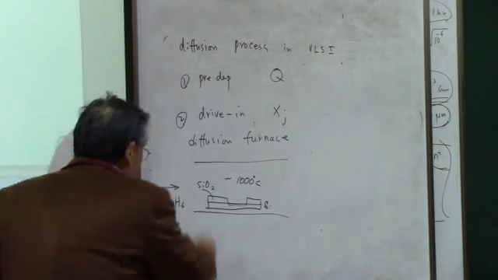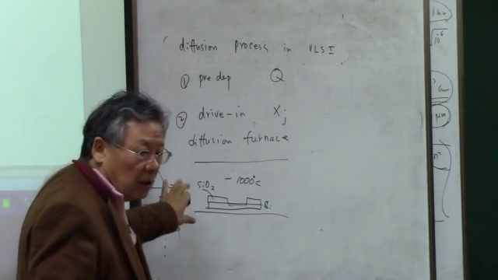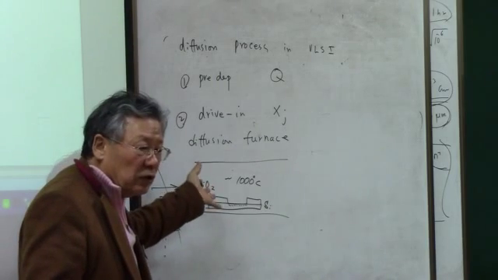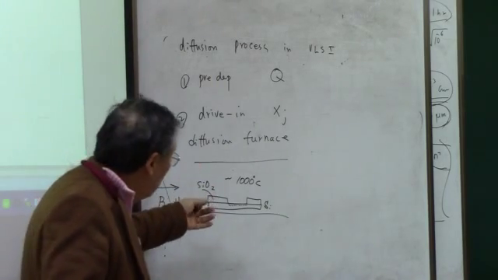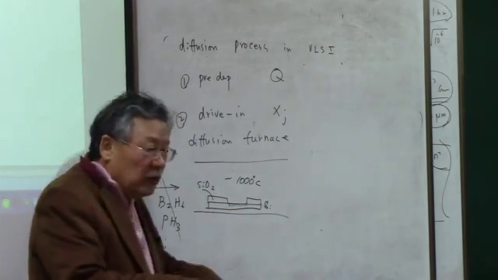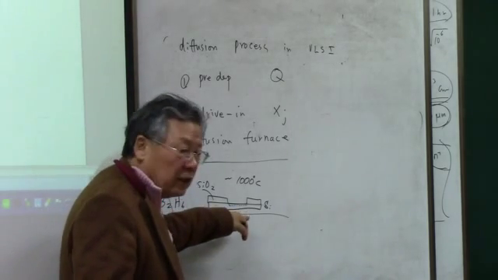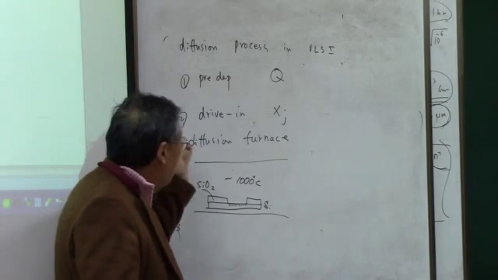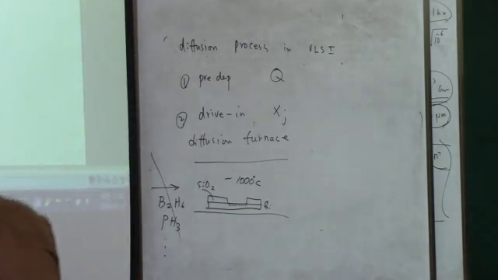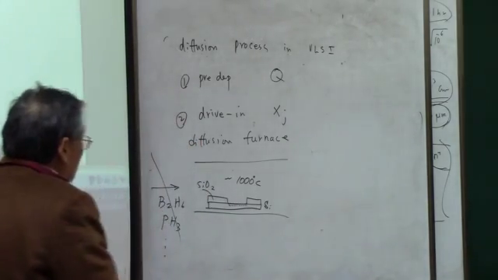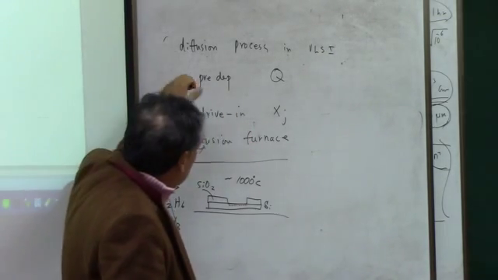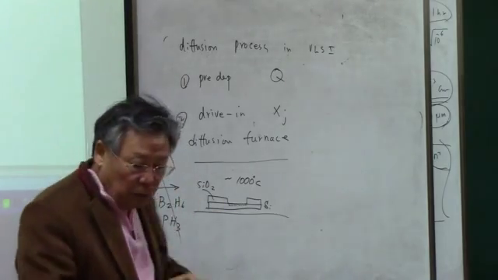Then you cut down this source gas, and you just use the elevated temperature to make it diffuse into the silicon from the top. That is the drive-in process. So we can distinguish two processes.